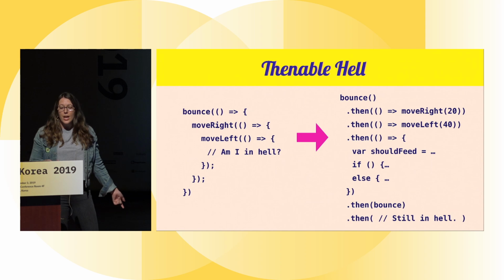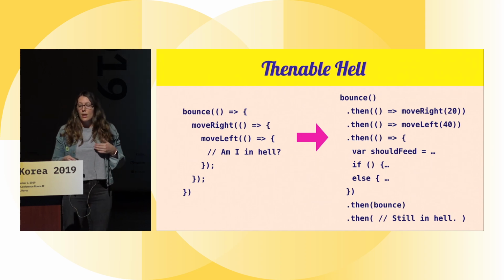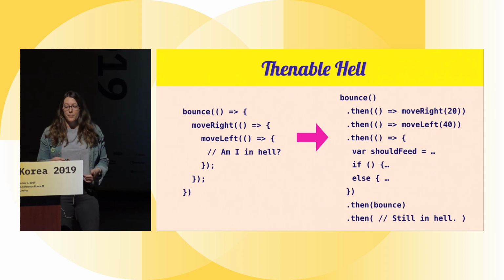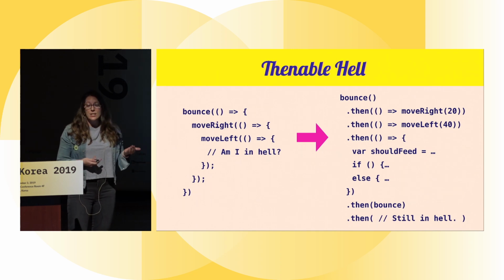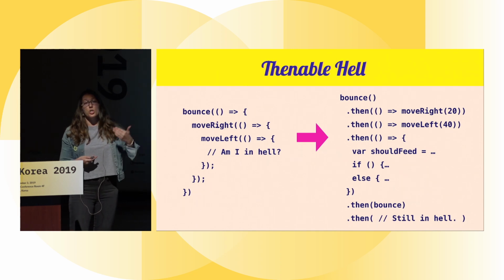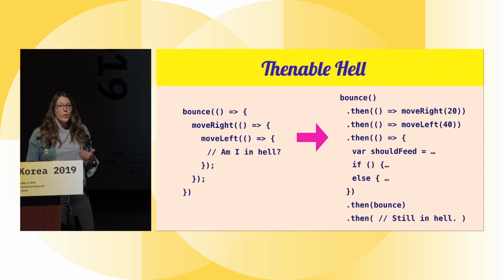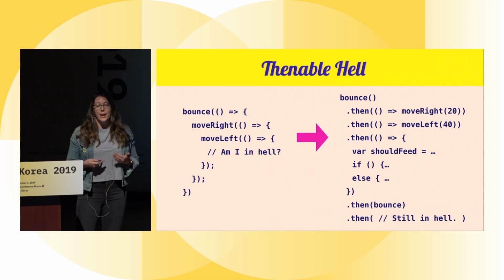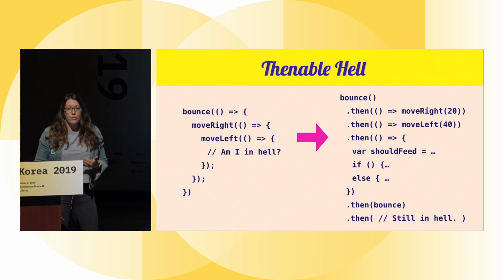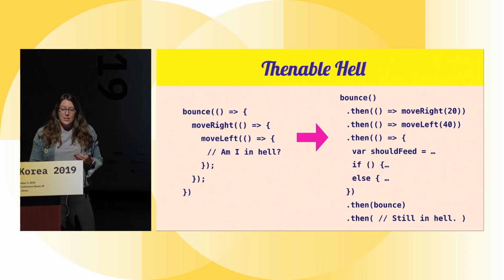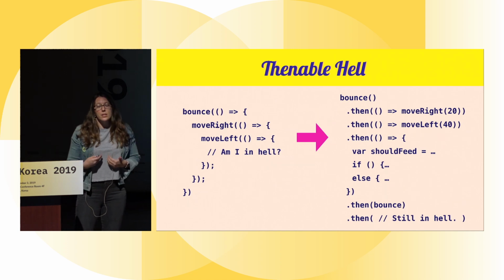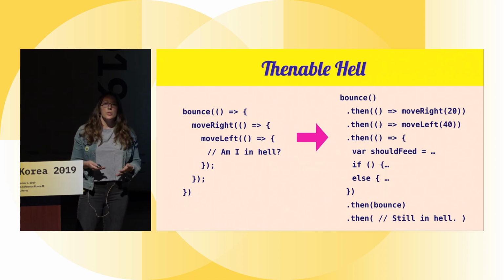So, the left side is a more realistic version of how these animations might work. I might need to pass in some information to functions or check information to make a decision, and this gets just as unwieldy and as unmanageable as callback hell. This doesn't resolve that issue for me. And, I actually really love promises. I think they're really great. But when you're using them for very large-scale async work, the ease of promises really tends to break down.